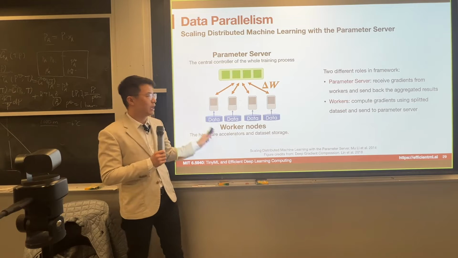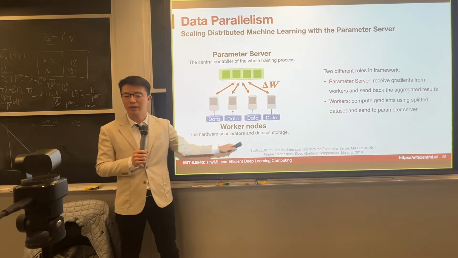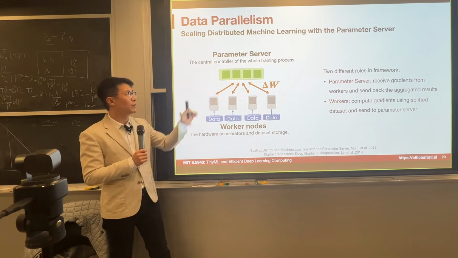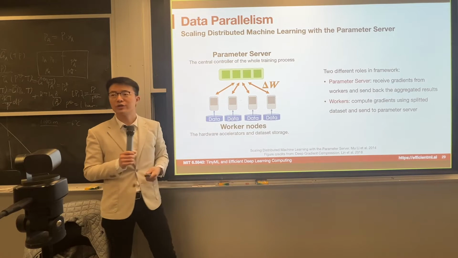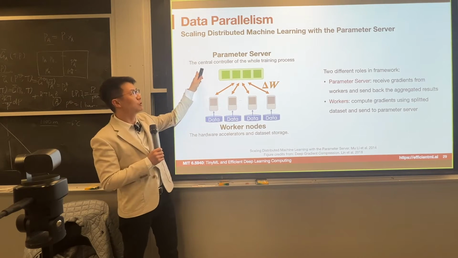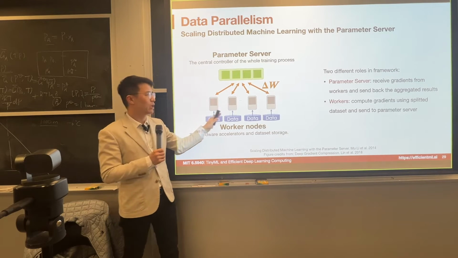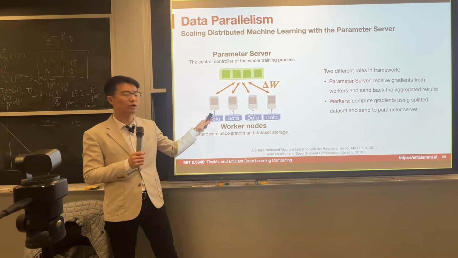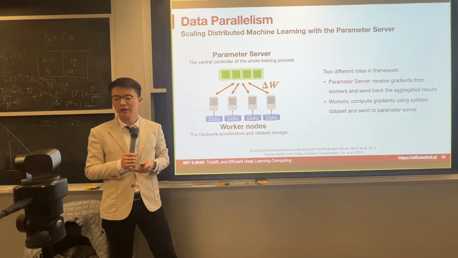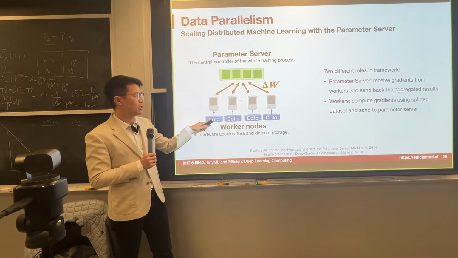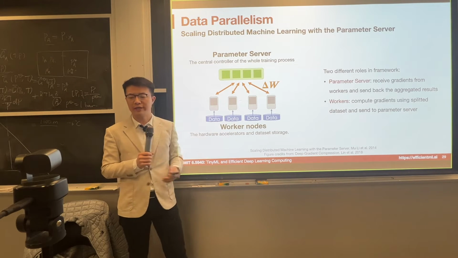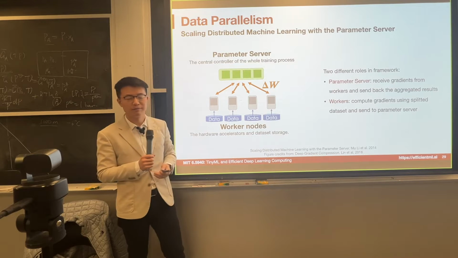This is the basic high-level idea about data parallelism. We have a single parameter server, which is the central controller of the whole training process. And here we have 4 workers. Each worker can be a GPU or a node, and each has data associated with it.